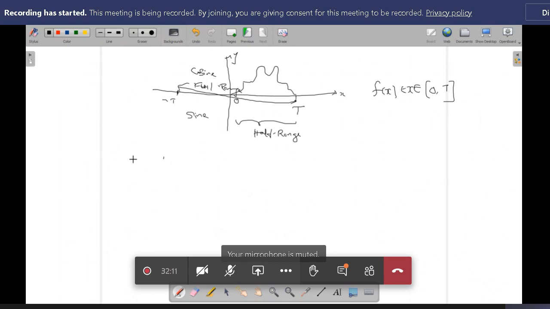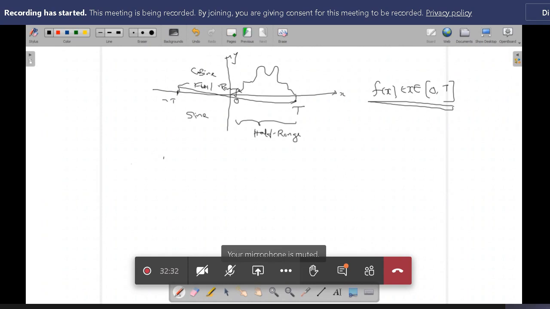So the definition for half range. Given any half range, the function is defined in a half range only. So now we wish to expand it with the full range, just by considering only cosine terms or sine terms.